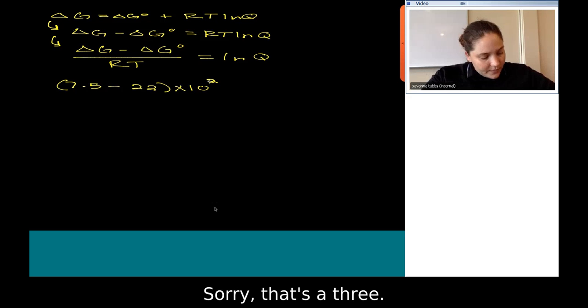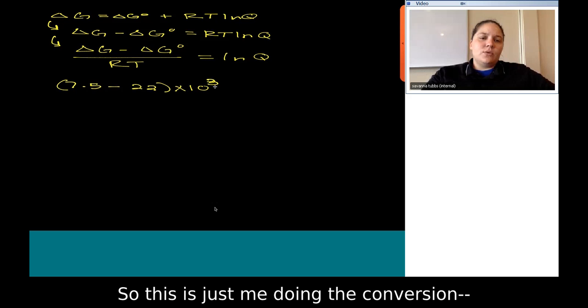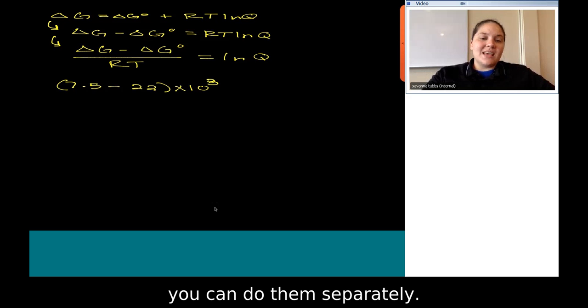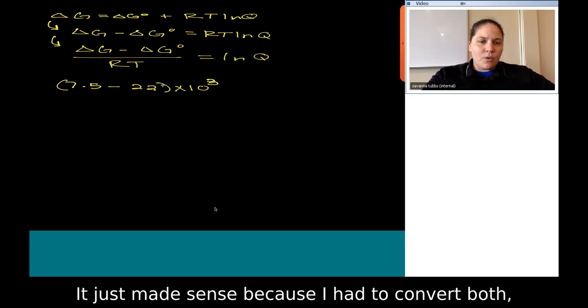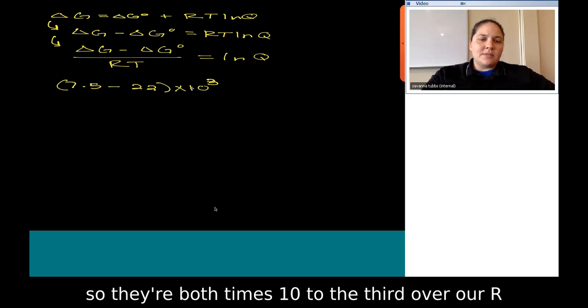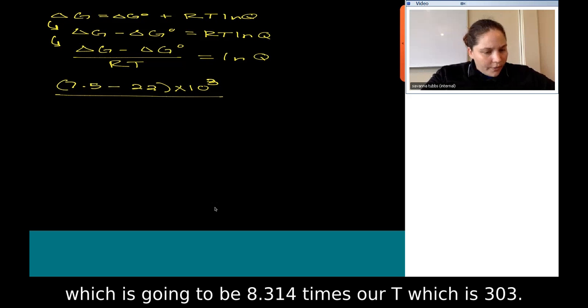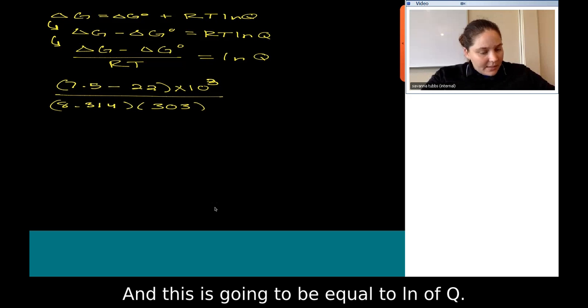Sorry, that's a 3. So this is just me doing the conversion. You can do them separately. It just makes sense because I had to convert both, so they're both times 10 to the third. Over our R, which is going to be 8.314, times our T, which is 303. And this is going to be equal to ln of Q.